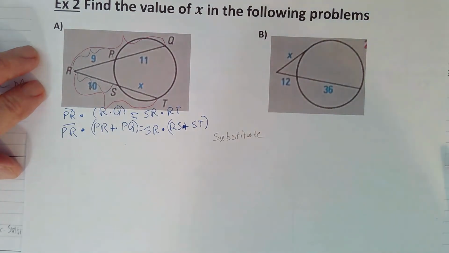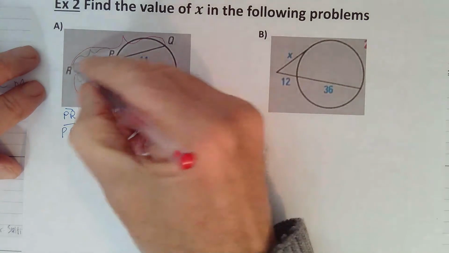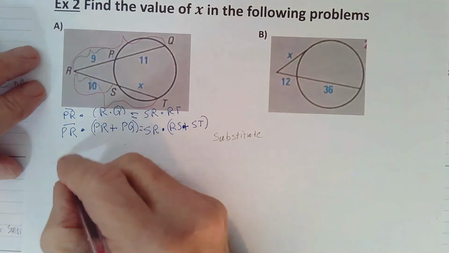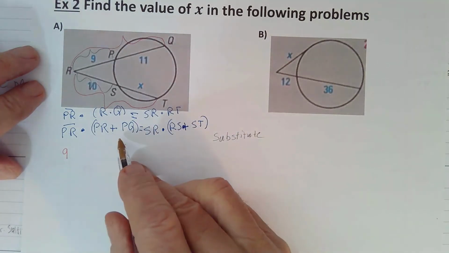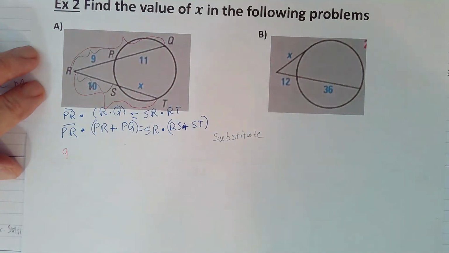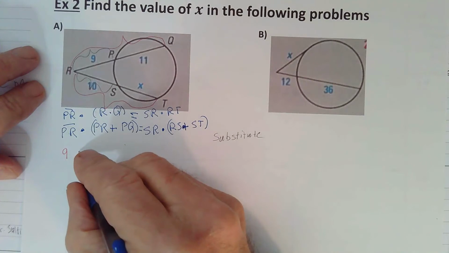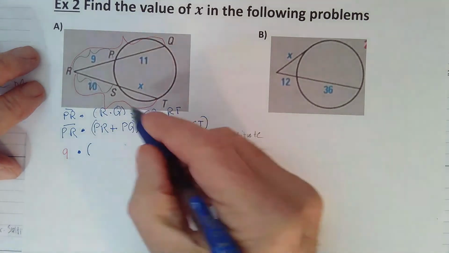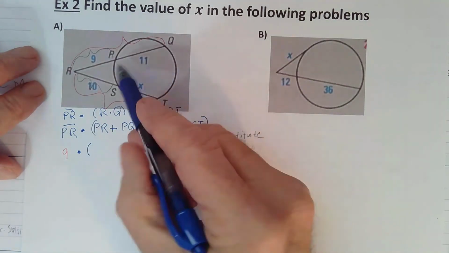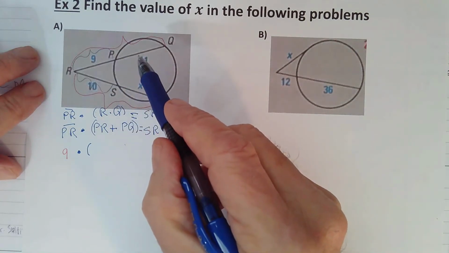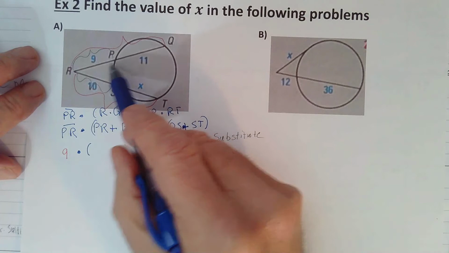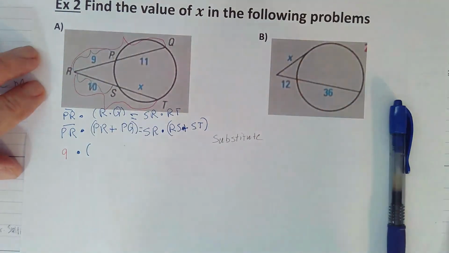So when we do that, the easy part is putting in the little segments, because PR is 9 units. And we're going to multiply that times PR plus PQ.